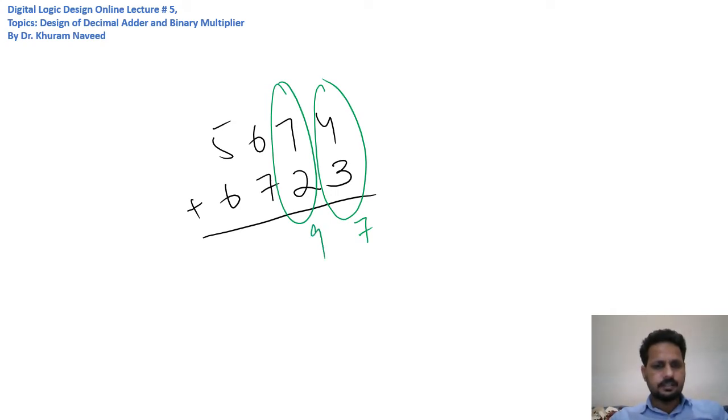Then we perform this addition, and in this case we have 13, where we keep 3 here and 1 goes to the next decimal addition as a carry. And here we get the answer 12, and we keep 2 here and 1 goes to the next place, right?